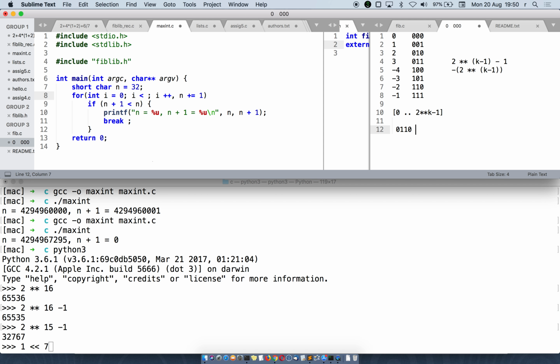So you should compute 0 times 2 to the power of 3, plus 1 times 2 to the power of 2, plus 1 times 2 to the power of 1, plus 0 times 2 to the power of 0. You would do the same in base 10, right? That's the formula. So if you compute this, you get 6.